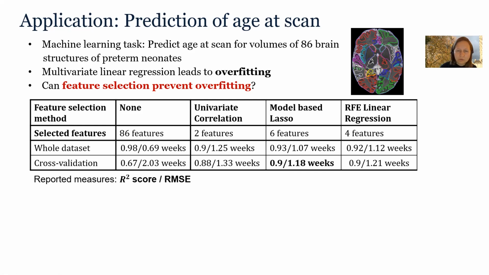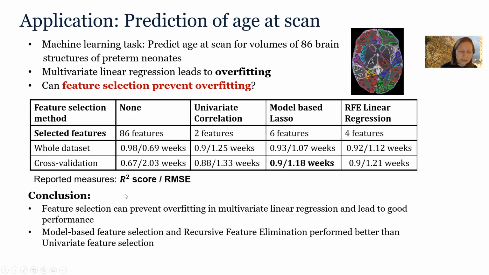So what we can conclude from this result is that feature selection can prevent overfitting in multivariate linear regression and lead to good performance. Actually, the best performance that we achieved was similar to ridge regression, which was the best regularization method that we've seen in the regression lecture.